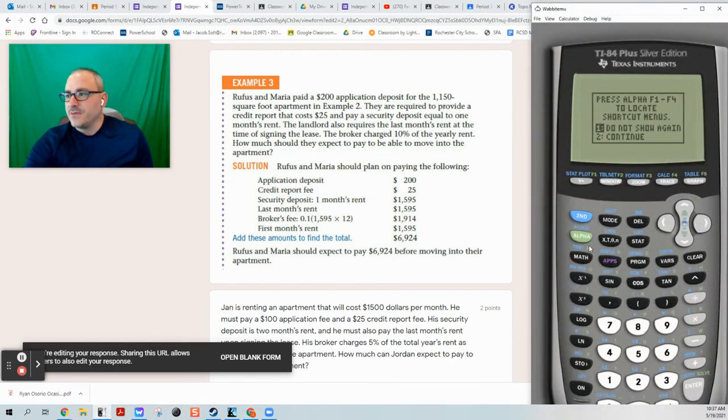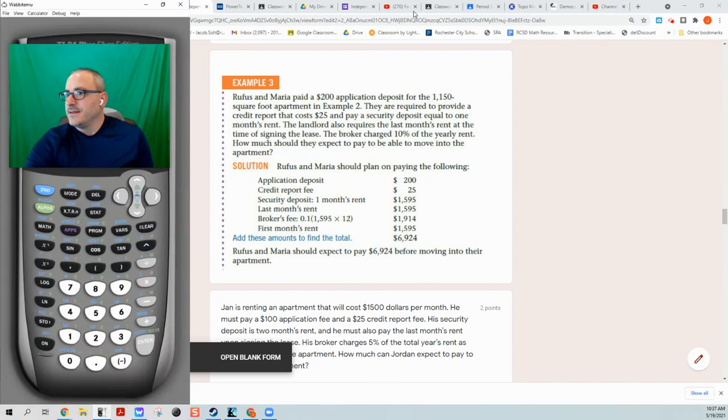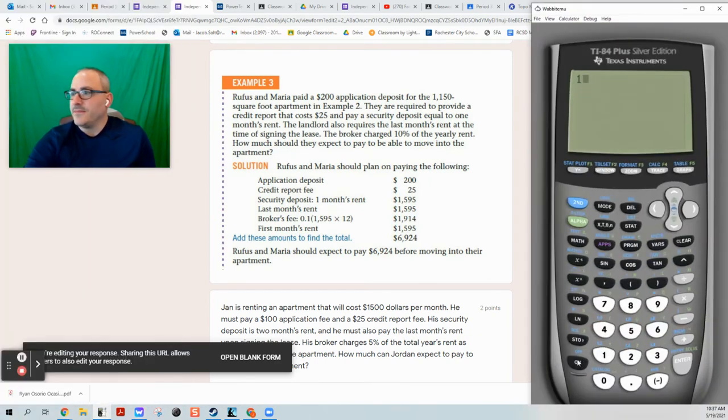Rent, what did they say rent was? Rent was $1,595 a month. How did I get this number? I based it on the information here.